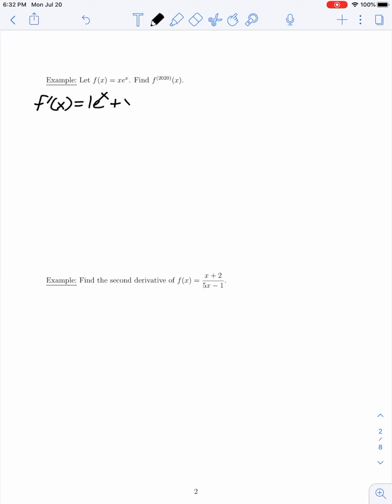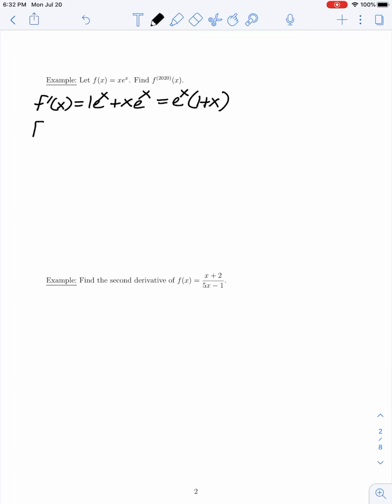And then we add the first function, x, we leave alone, and multiply by the derivative of the second function. Now the derivative of e to the x is e to the x. And to simplify a little bit, I can factor out an e to the x from each term, and I'm left with 1 plus x.